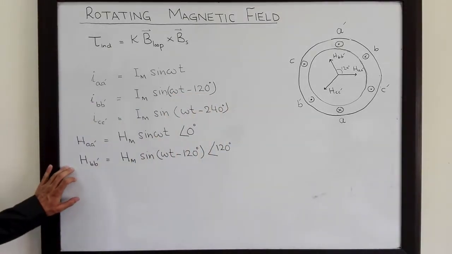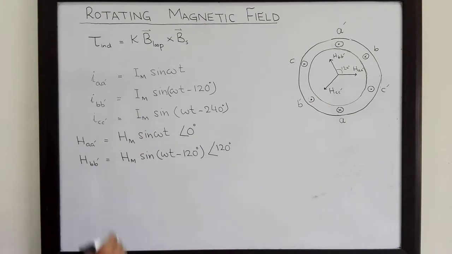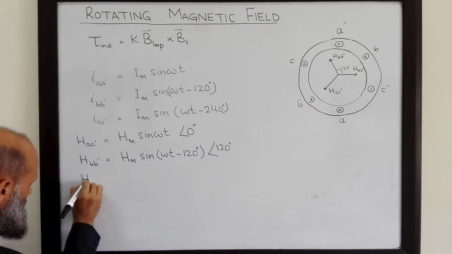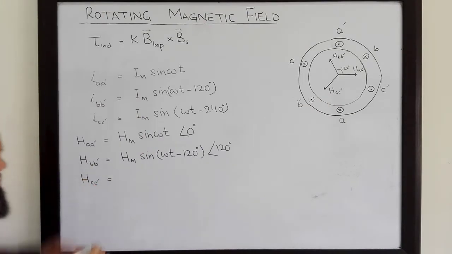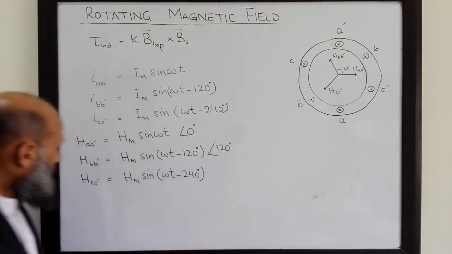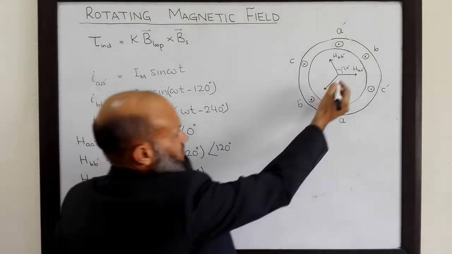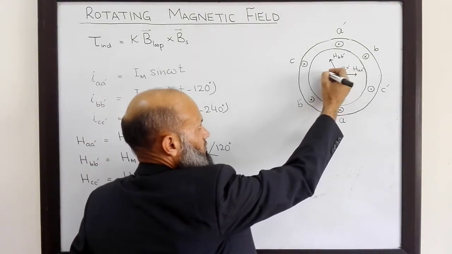Likewise, the magnitude of this magnetic field strength HCC', its magnitude is proportional to the current in this coil, and the direction of this vector is at 240 degrees.